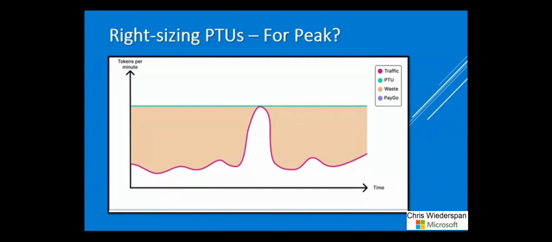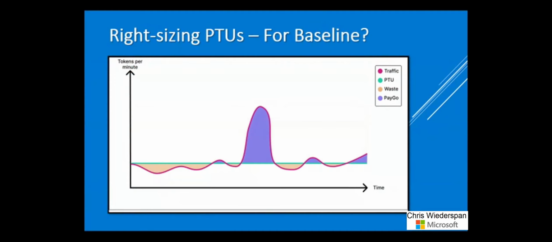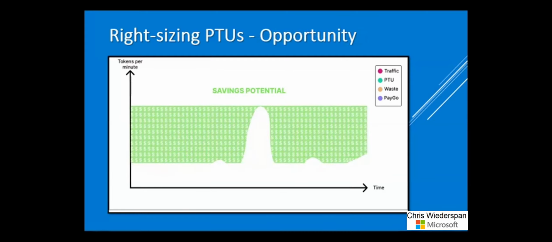But you also get into this problem of, do I really want to buy PTUs to handle my peak workload? Do I want to buy PTUs to handle my baseline workload? There's no perfect answer there. You have to do the math to figure out where you want to sit in that scale to save money and get the capacity you need, but still have what we call spillover, from your PTUs into PayGo when you max out your PTU consumption or availability. Otherwise you'll get throttling, 429 errors.